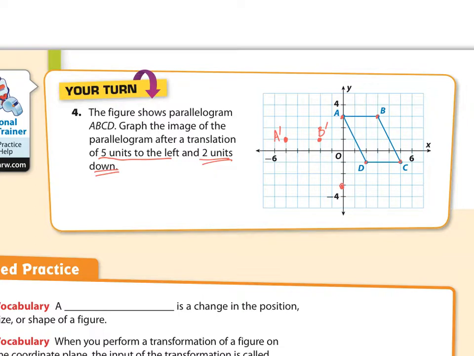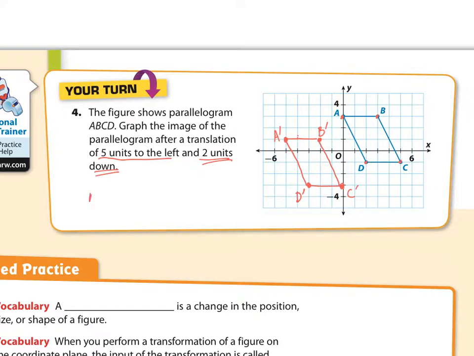So it's right here. There's C prime. Then point D, finally, we'll go 1, 2, 3, 4, 5, and down 2, right here. So this is my image. Remember, I start off with my pre-image, I translate it, end up with my image, and I get this shape, although not drawn perfectly, but you get the idea.